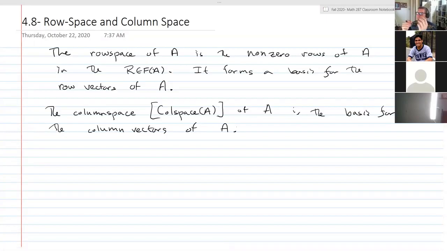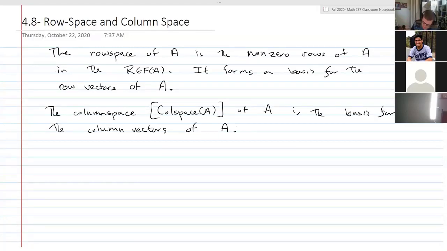When you end up with a vector that's a linear combination of the other vectors in the matrix, you end up with an extraneous, redundant vector, and so we can remove that.